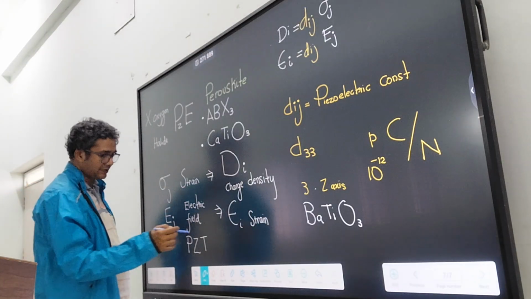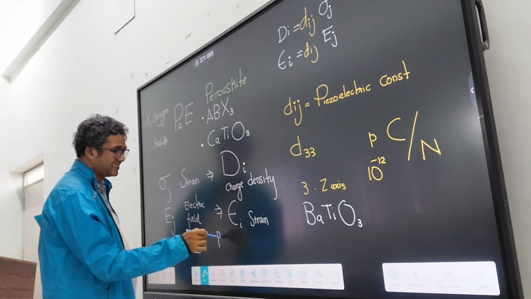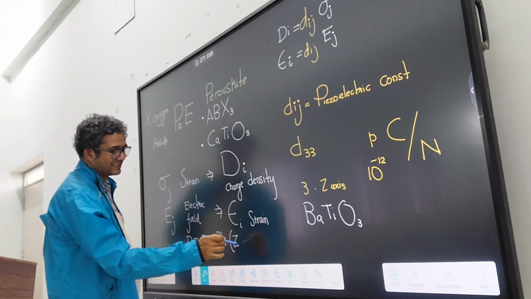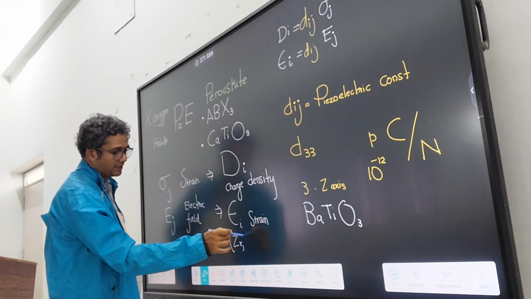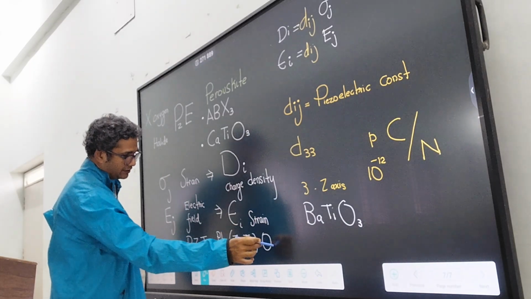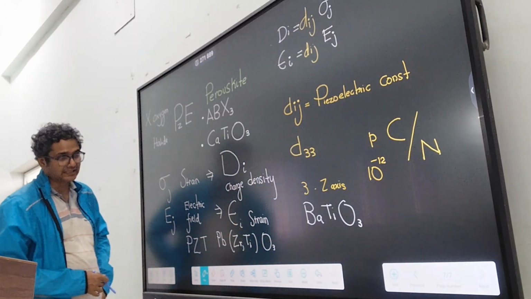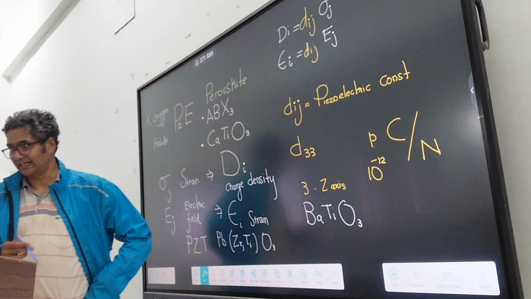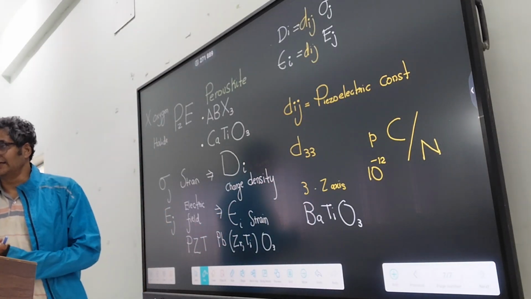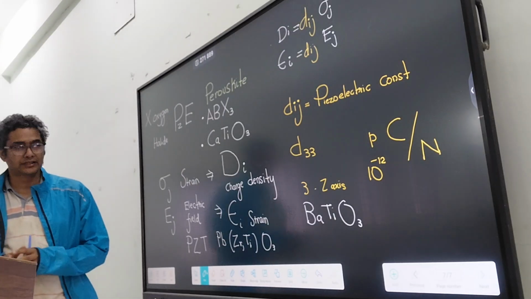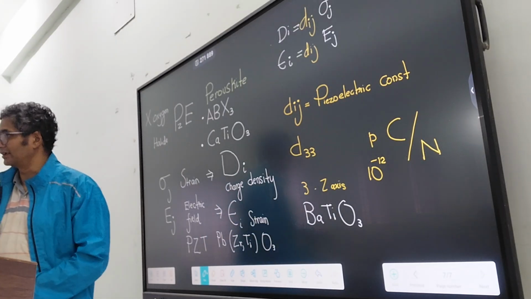So it is basically lead, Zr, Ti, O3. It is written in this form, PZT. All these materials are called perovskites and they are piezoelectric. Okay, so I will stop here and I will continue with my next part.